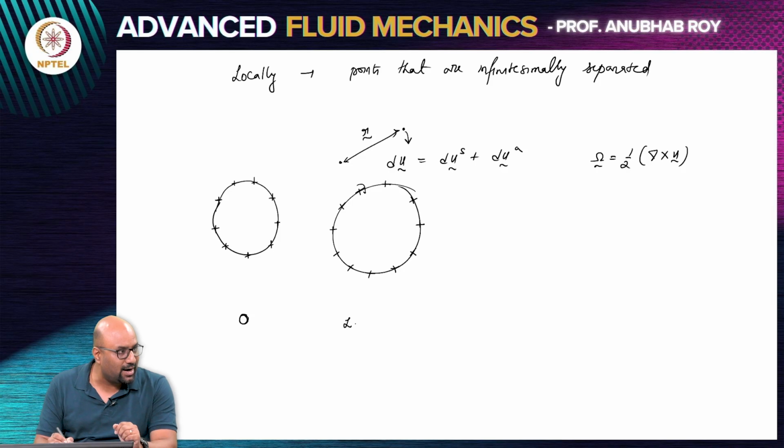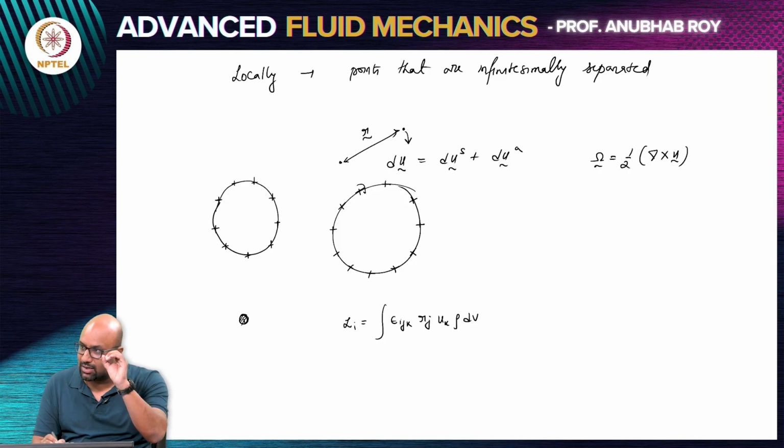If you use the idea that the velocity is distributed over the size of this sphere, then the angular momentum element would be epsilon ijk rj uk rho dv. dv is this volume. So I consider a material volume and I know that the velocity varies inside that volume.